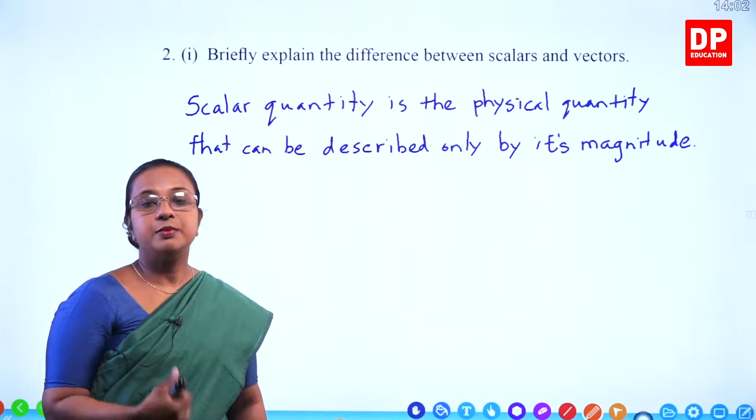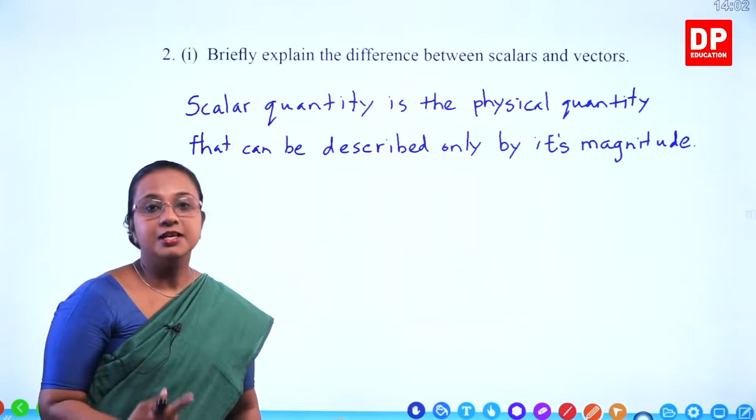And then you know the vector quantity. For vector quantity, we have to give the magnitude and the direction.